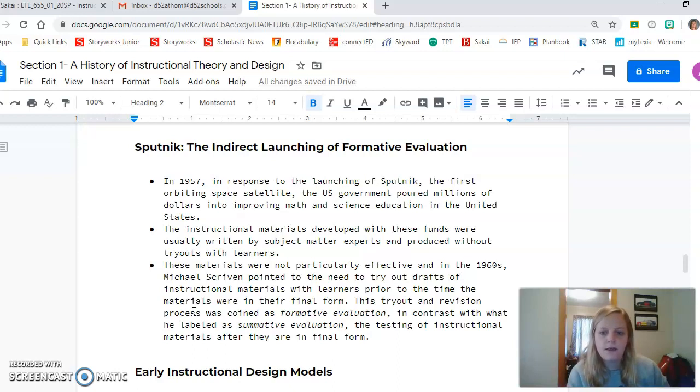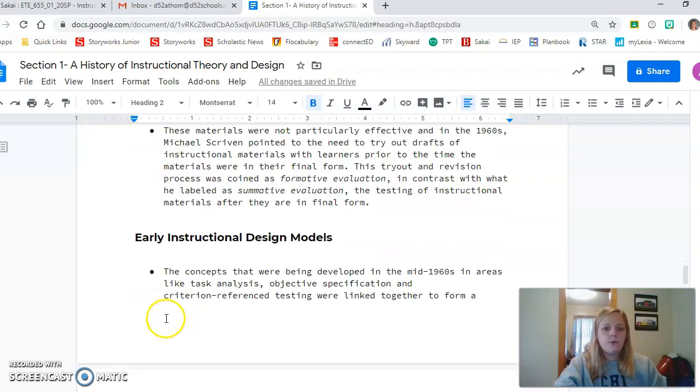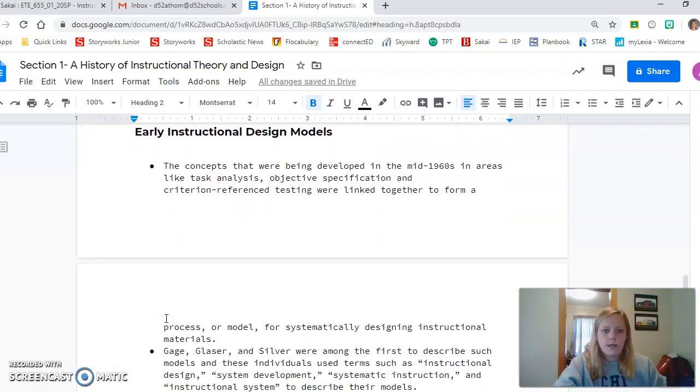They figured out that they needed to try out drafts of instructional materials before just going all in. This revision process was coined formative evaluation, whereas before they had just looked at summative evaluation. Then, going into early instructional design models.